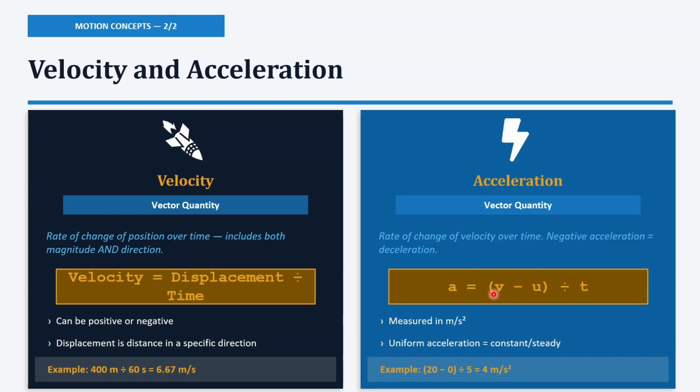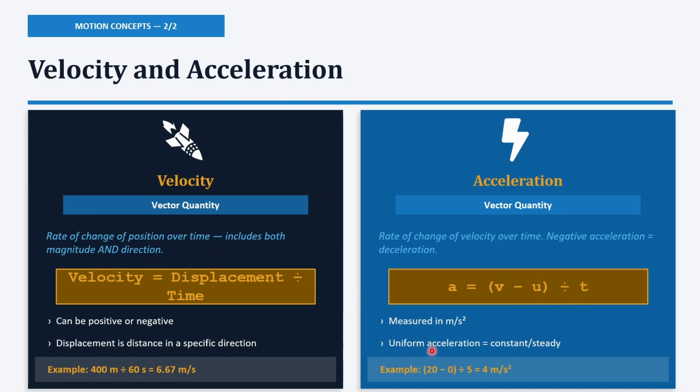There are times when you move from rest. Whenever you are at rest, there is zero velocity, or if you want, there is no speed. So if you start moving, you have gained velocity. So to calculate your acceleration, it will be your final velocity minus your initial velocity, which if you are at rest will be 0, divided by your time. So let's look at this particular example.